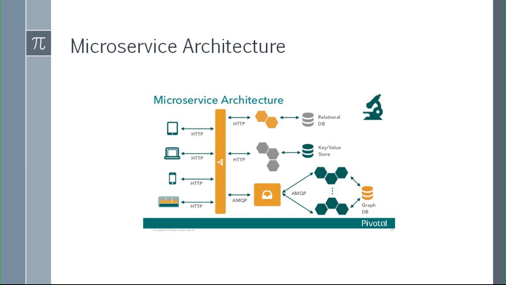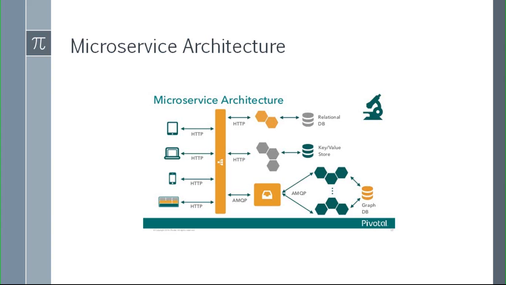For example, ActiveMQ and RabbitMQ support this kind of protocol. We have other similar protocols like MQTT, which stands for Message Queue Telemetry Transport. ActiveMQ also supports MQTT.